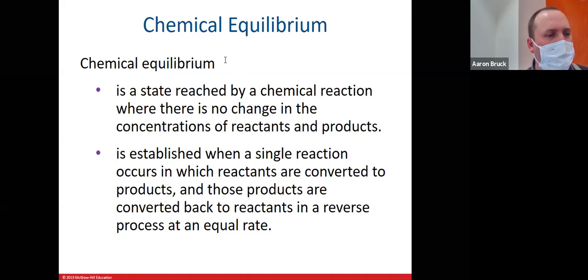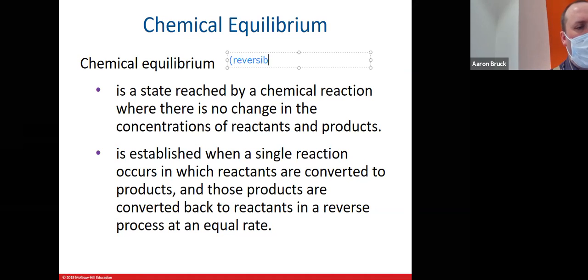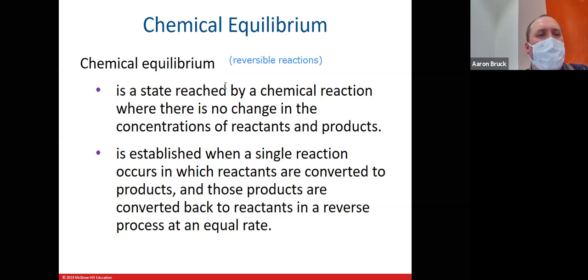Essentially, chemical equilibrium discusses a concept that, again, we've made mention of, but we haven't really defined explicitly. The idea of a reversible reaction. A reaction where the reactants turn into products, but the products also turn into reactants at the same time.